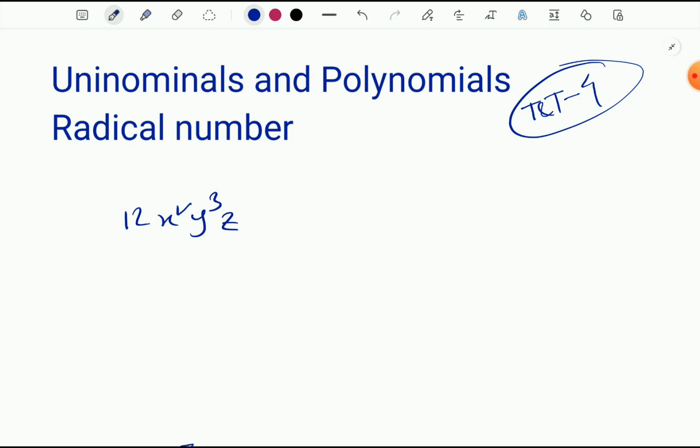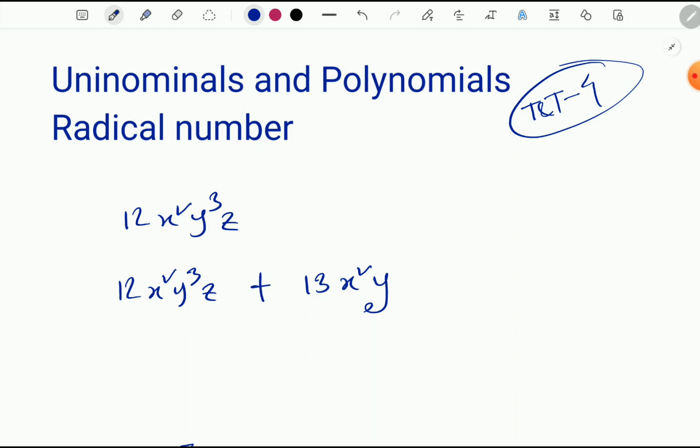For example, 12x square y cube z and another monomial, 13x square y. So in these monomials, we can make a polynomial as well if we just add them.